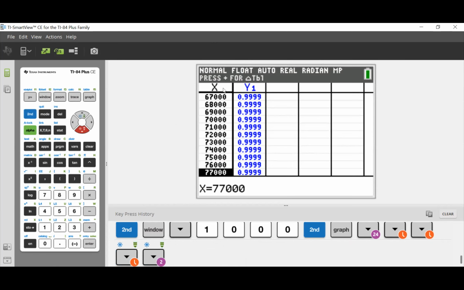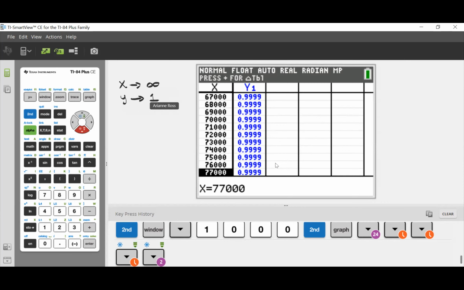So it looks like as x gets bigger and approaches infinity, the y values are getting closer and closer to 1. We should write this notation down. As x approaches positive infinity, the outputs, or y, approach 1.